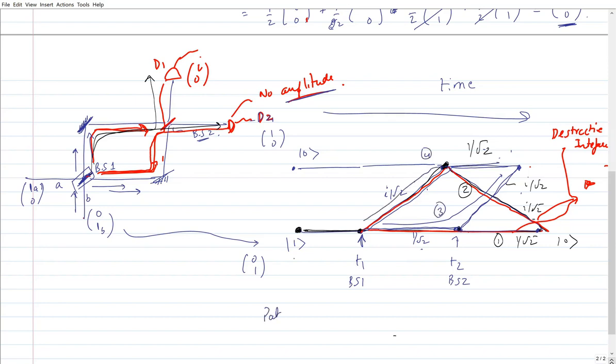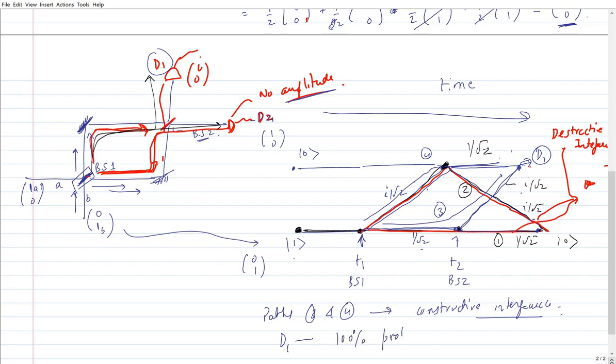So paths 3 and 4 have constructive interference, and hence I get probability 1 on the detector D1. This eventually goes to detector D1, 100% probability of detection.